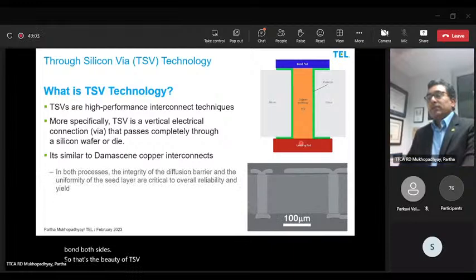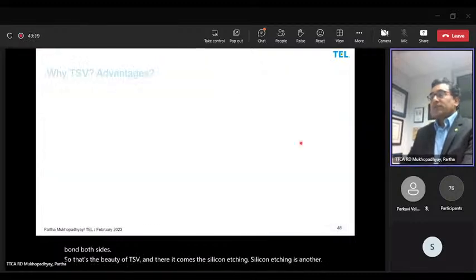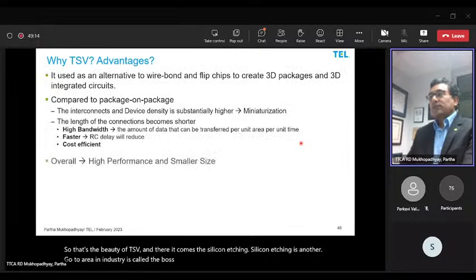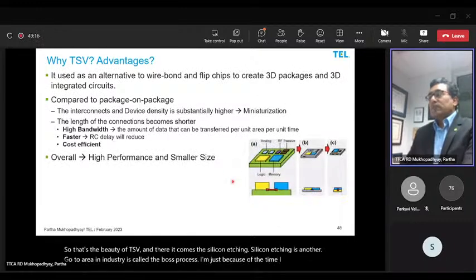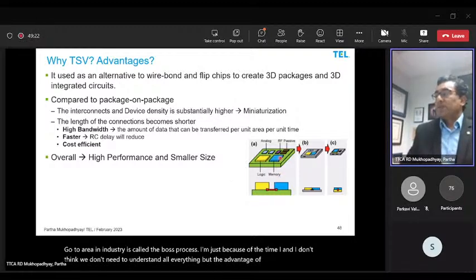And there comes the silicon etching. Silicon etching is another good area in industry. It's called the Bosch process. I'm just going faster because of the time, and I don't think we need to understand everything. But the advantage of TSV would be, this is the logic board in a computer.